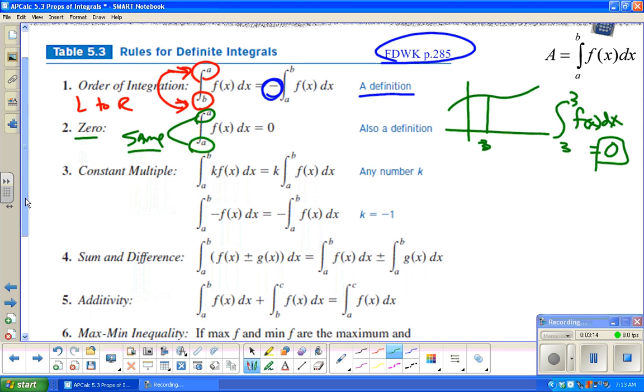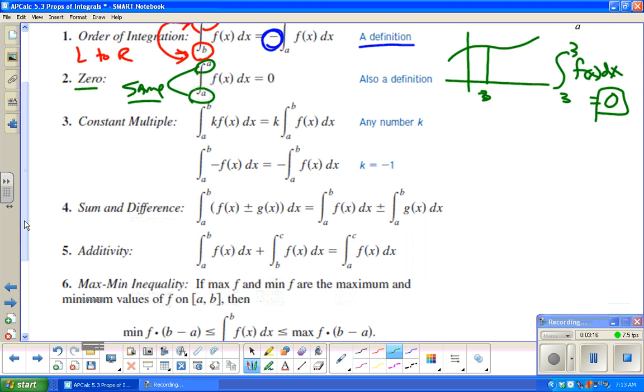Constant multiple basically says that if I multiply the height of this function by some number, like say if I double it, well, the effect on that is to double the area. So if I multiply the function by a number, the effect is to multiply the area by that number.